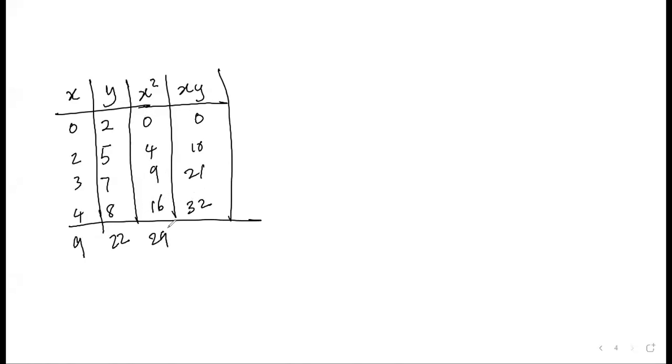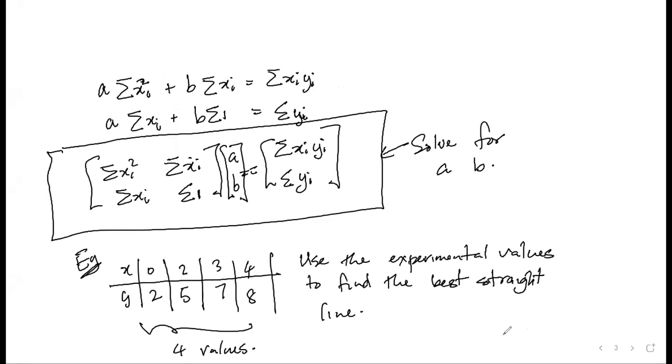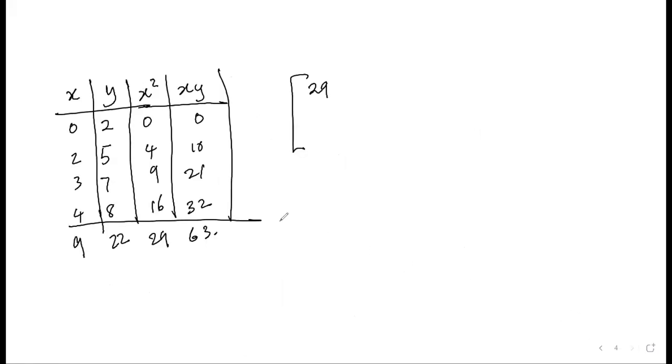It's 63, not 53, because it's 32 plus 21 plus 10. All right, and it's 4 values that we have. So this is 4.